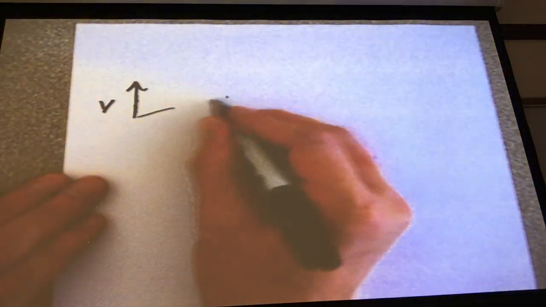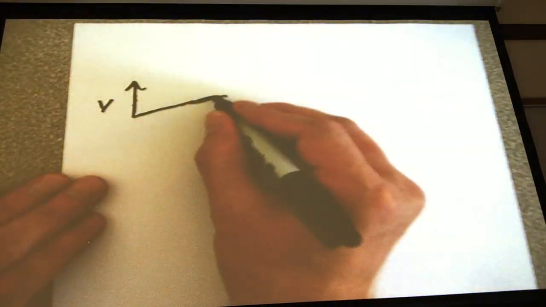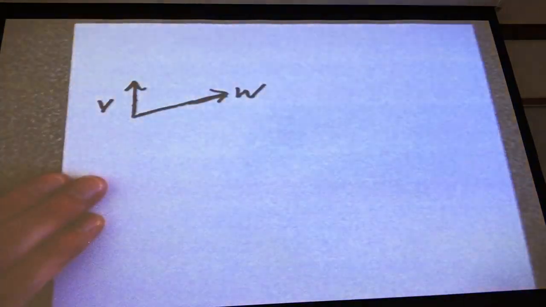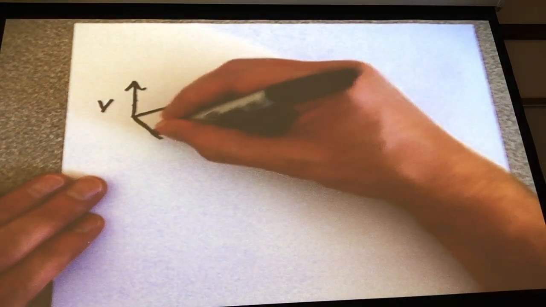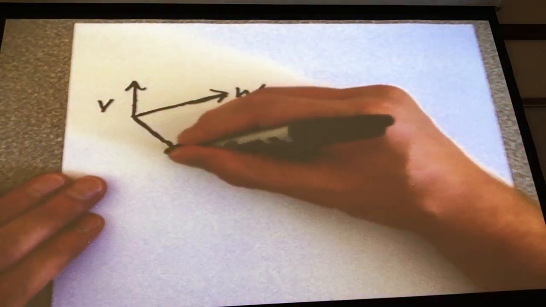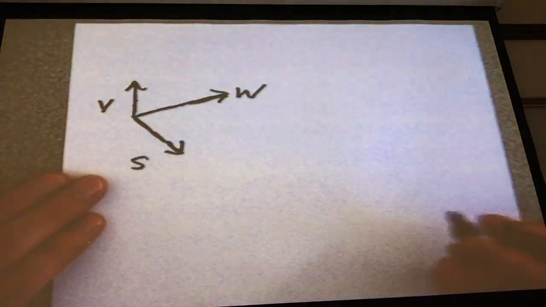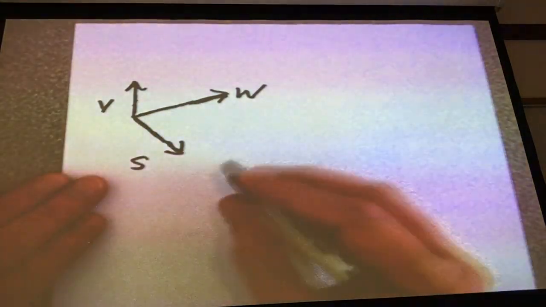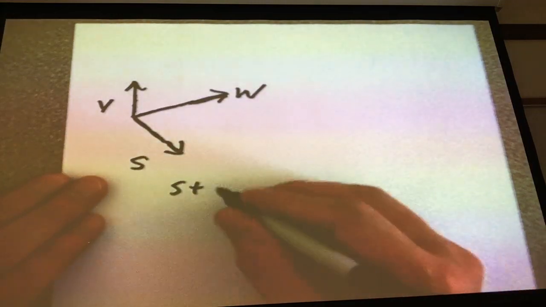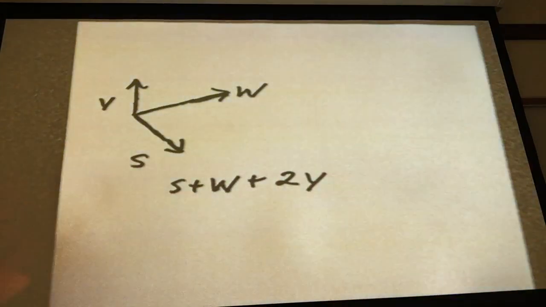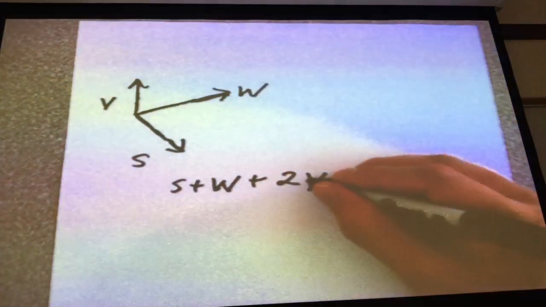But let's say we had, let's call this V. Let's call this W. And let's call this one S. And let's say we are looking for S plus W plus 2V. That's a V, not a Y.